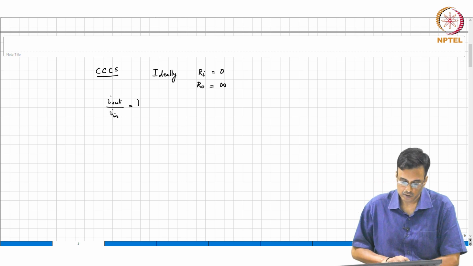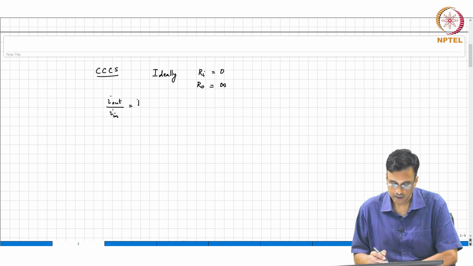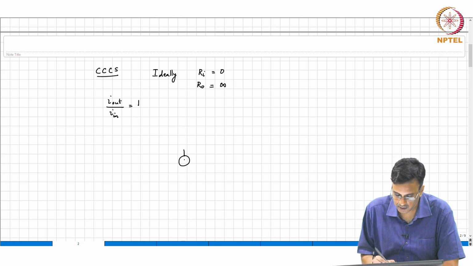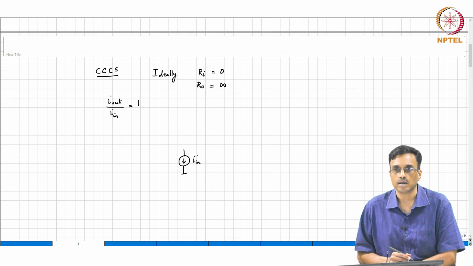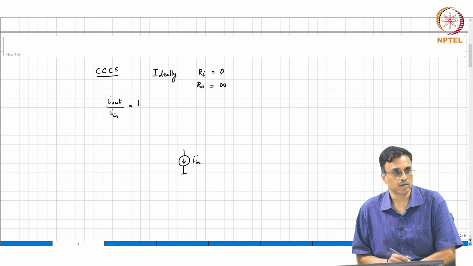Basically we are saying here we have a current I in. I need to generate a current I out which is the same as I in.